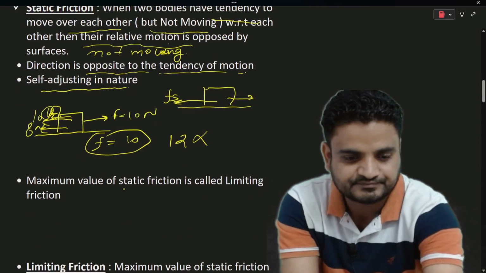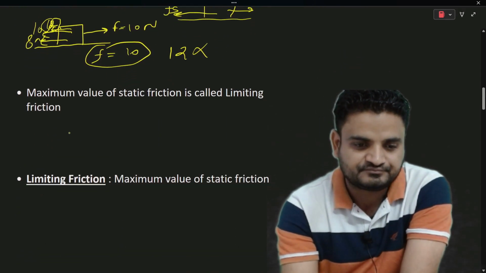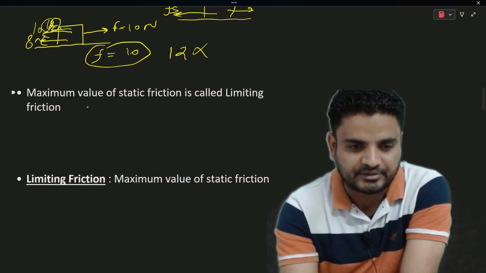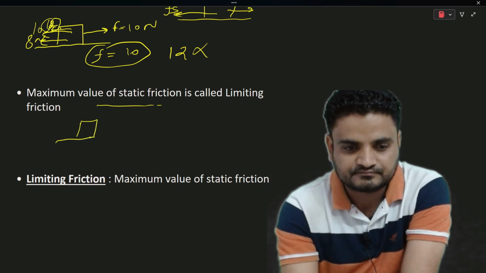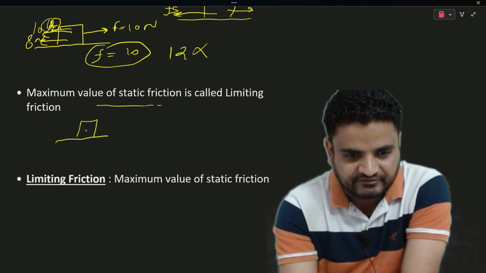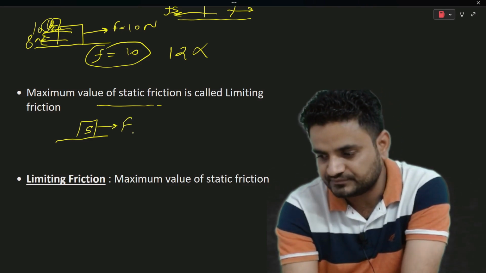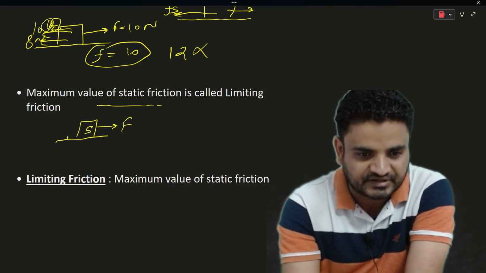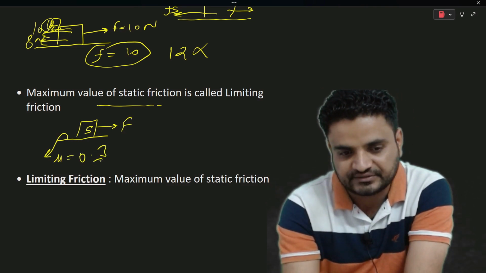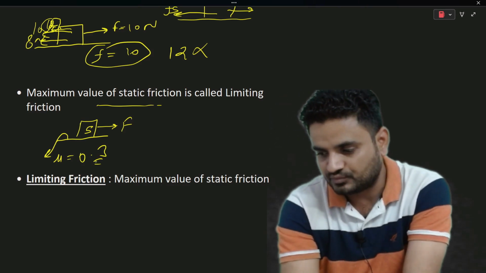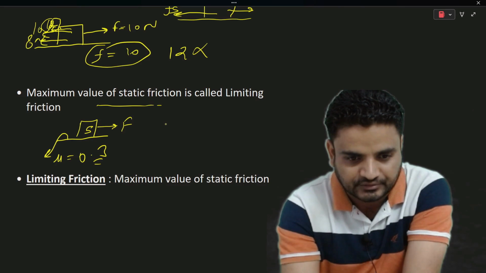Next point, the maximum value of static friction is called limiting friction. It means what? Let's suppose one example, there is a block of 5 kg and a force is applied on this block. Here the friction coefficient, let's suppose, mu is 0.3. Okay, now first we will find the limiting friction value.